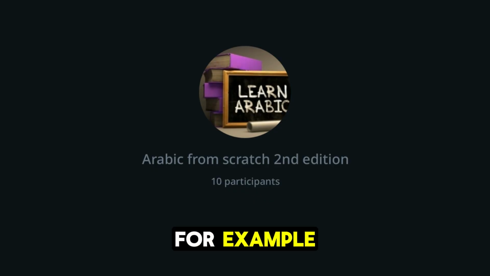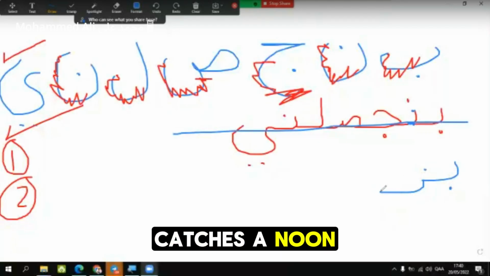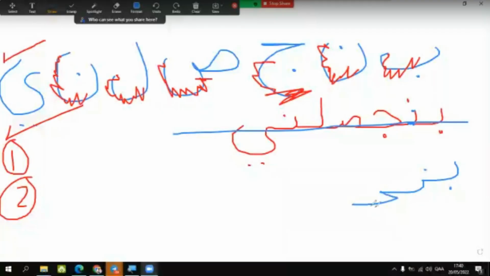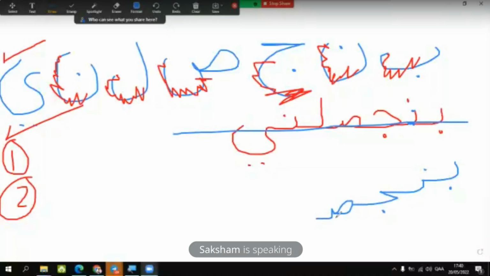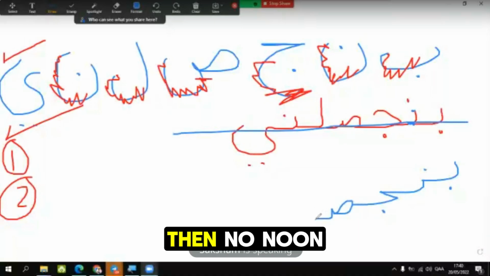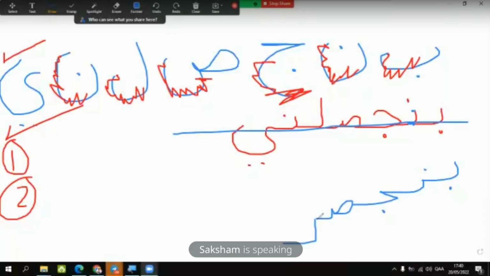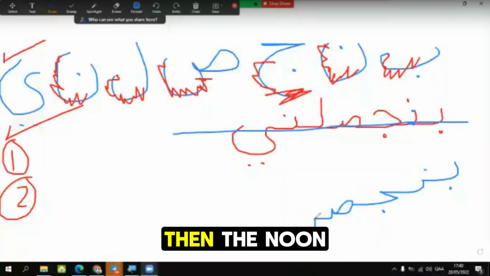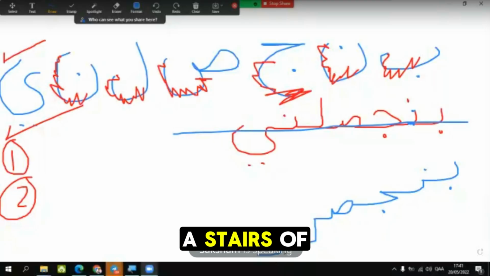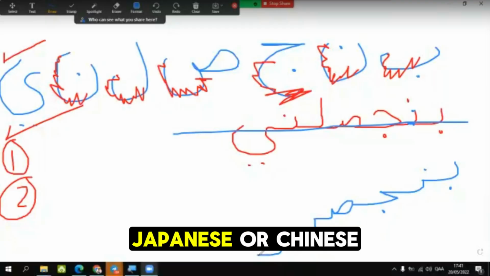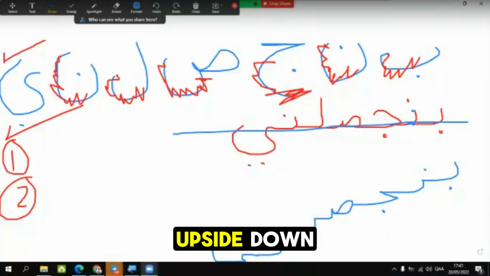For example, the ba catches a noon, and then the noon catches a jim, and then the jim catches a sad, and the sad catches a lam, then noon. You will make stairs, like a word that looks like Japanese or Chinese, written upside down. But that's not correct.